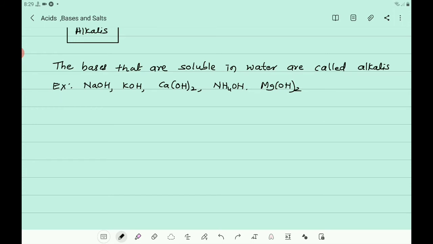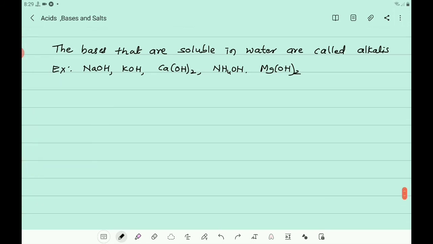Then what are the properties of alkalis? So write properties of alkalis. Alkalis are bases.